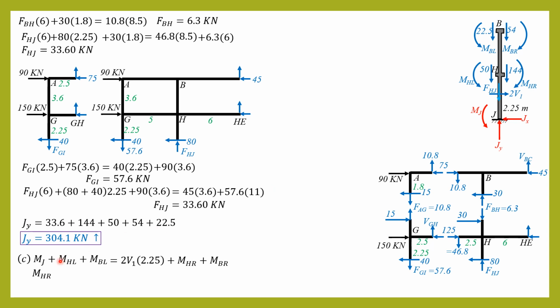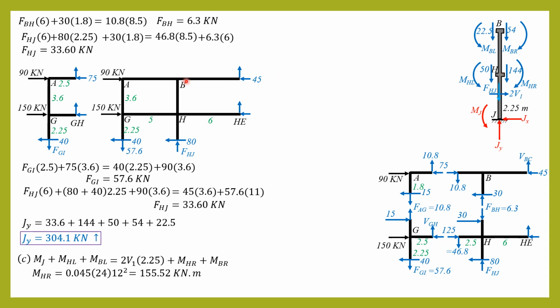So MHR equals 0.045 times, remember the load on HE is 24 kilonewton per meter, and the length is 12. So it is 155.52 kilonewton meter.